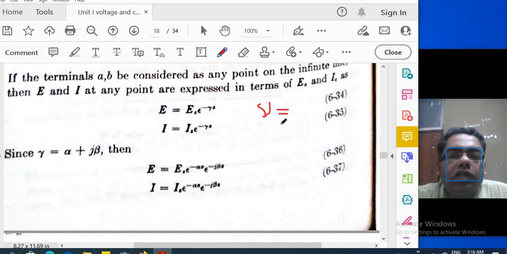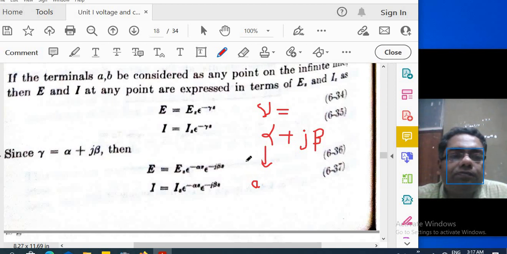That means it has a real part, denoted by alpha, plus j times an imaginary part, denoted by beta. Now alpha is the attenuation constant per unit length.